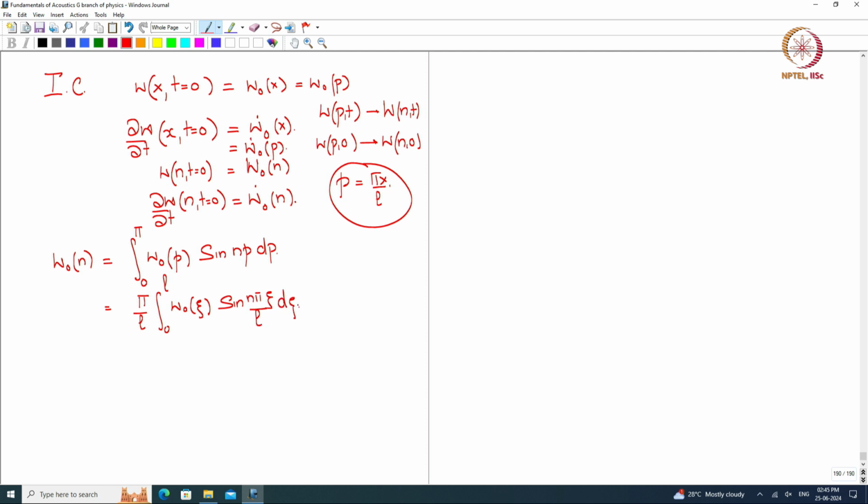Xi is a dummy variable, it could have been x also.